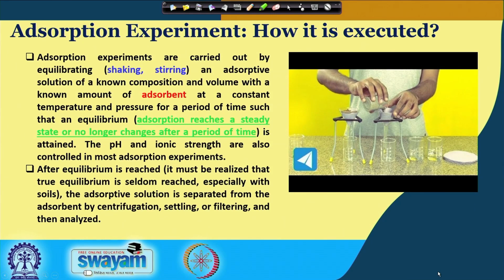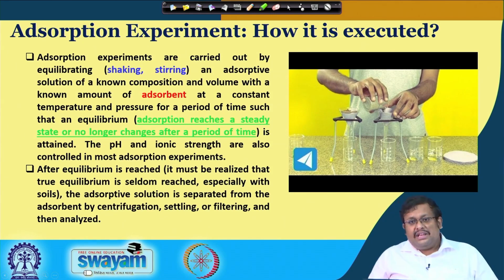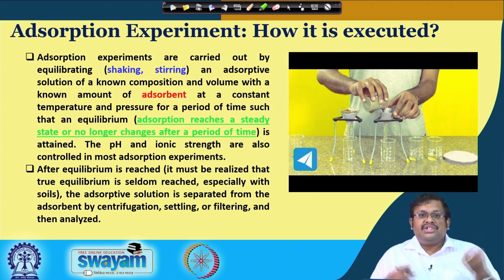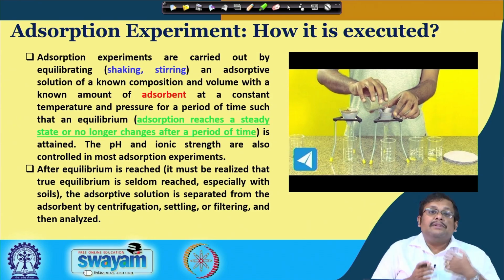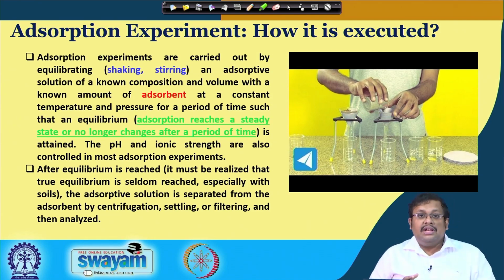Okay. Now, adsorption experiments, how do we do adsorption experiments? They are carried out by equilibrating, that means shaking or stirring, an adsorptive solution of known composition and volume with a known amount of adsorbent.